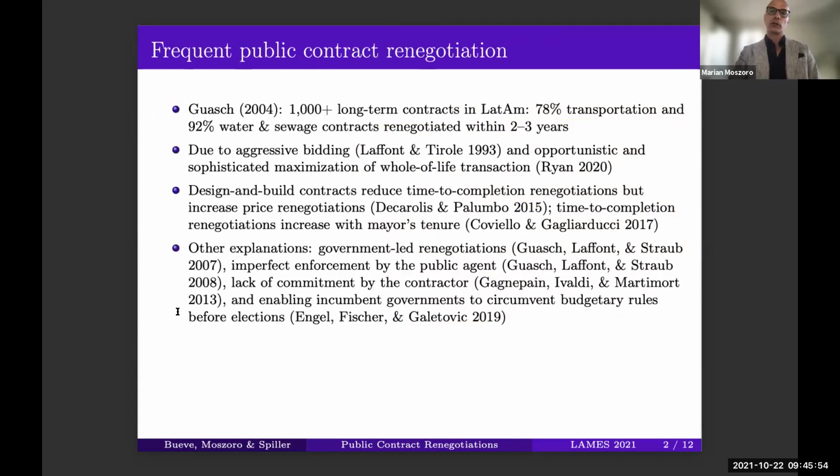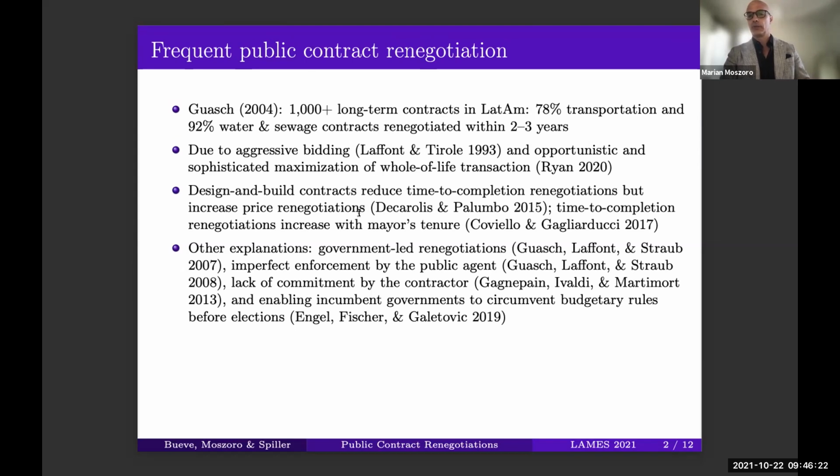So normally when we talk about public contracts, one thing that stands out is that public contracts are renegotiated very often. The main literature focuses, for example, on Latin American countries with a high degree of renegotiation of public contracts, around 78 to 92% within the first 2-3 years of the contract.